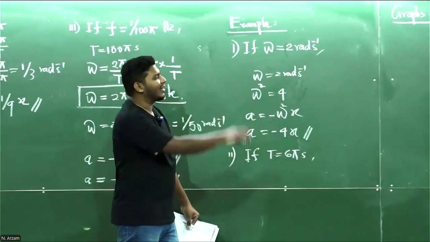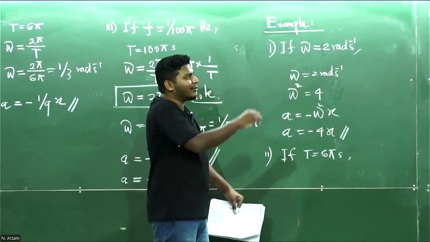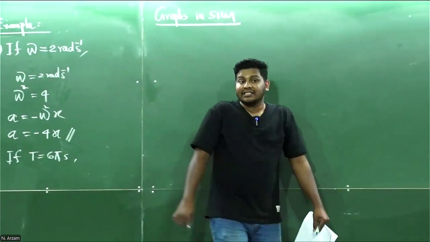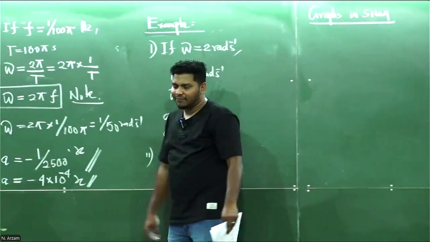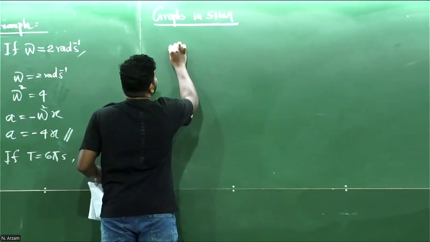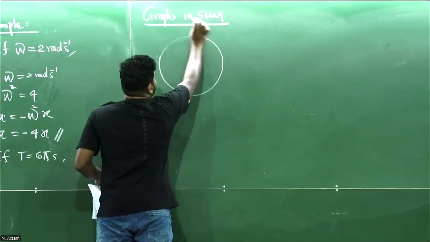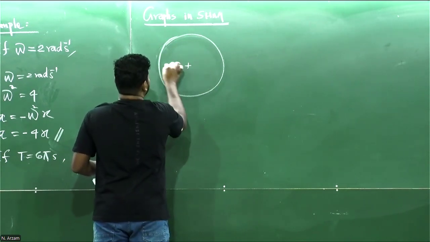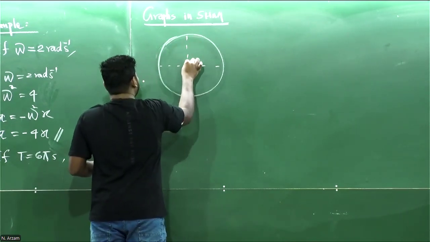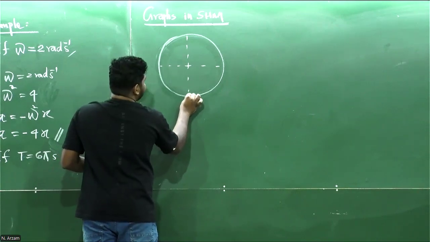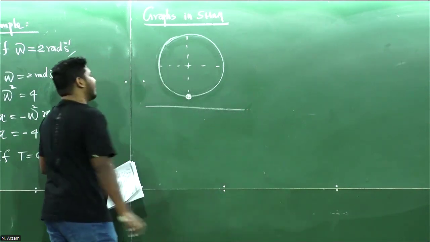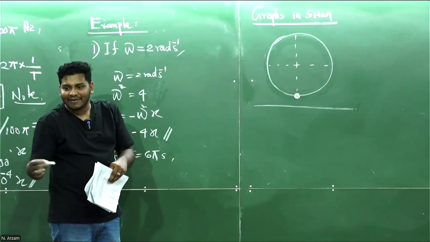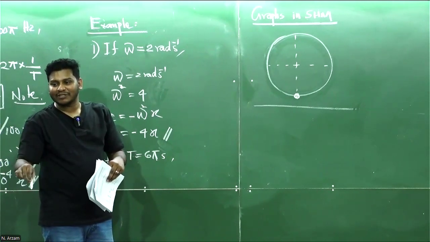Before going to this graph, I'm going to explain the relationship between the periodic time and the phase. You already studied these things. Then look at this one. If you forget something in simple harmonic motion, you can simply draw a circle and compare the projection of a circular motion with the simple harmonic motion.